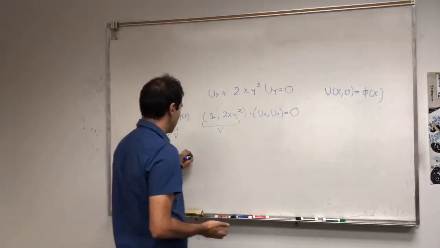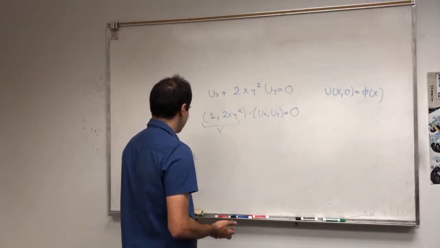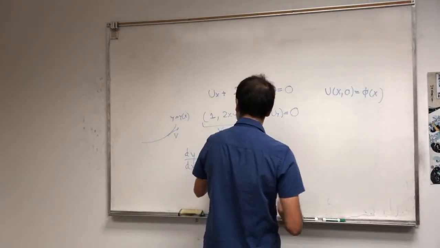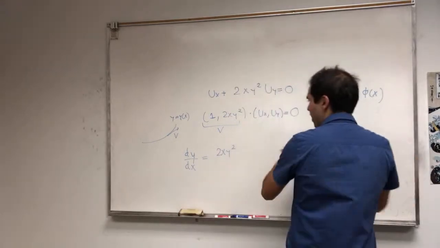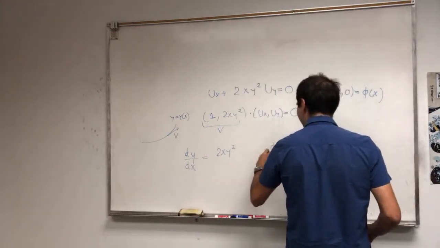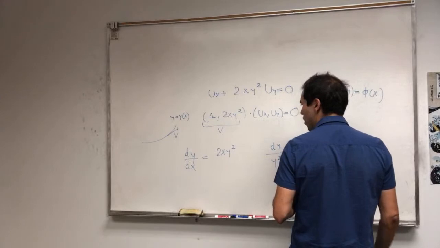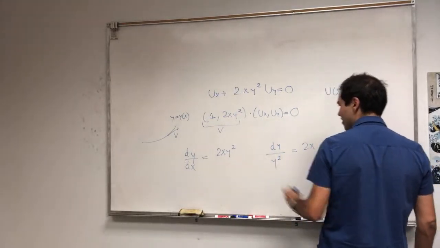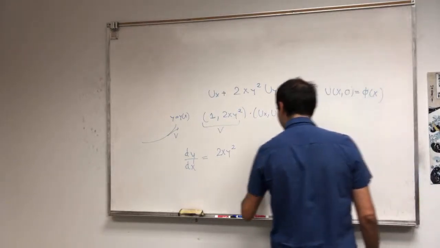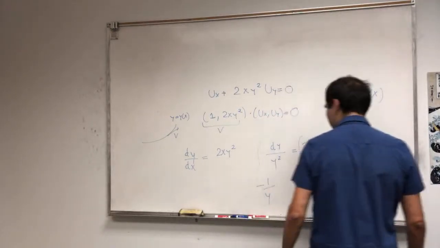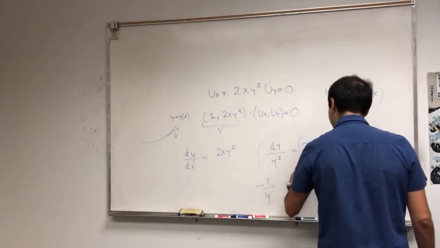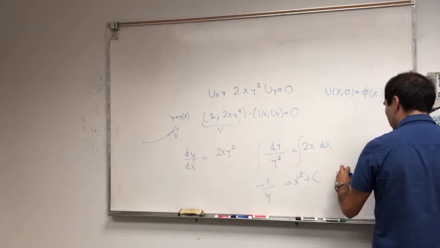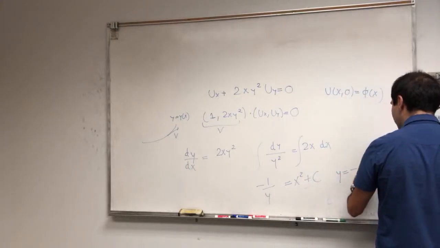So what we want is the slope dy over dx equal to the slope of v, which is 2xy squared divided by 1, and then you use separation of variables, so dy over y squared equals 2x dx, and integrate, so you get minus 1 over y equals x squared plus a constant, so y becomes minus 1 over (x squared plus a constant).